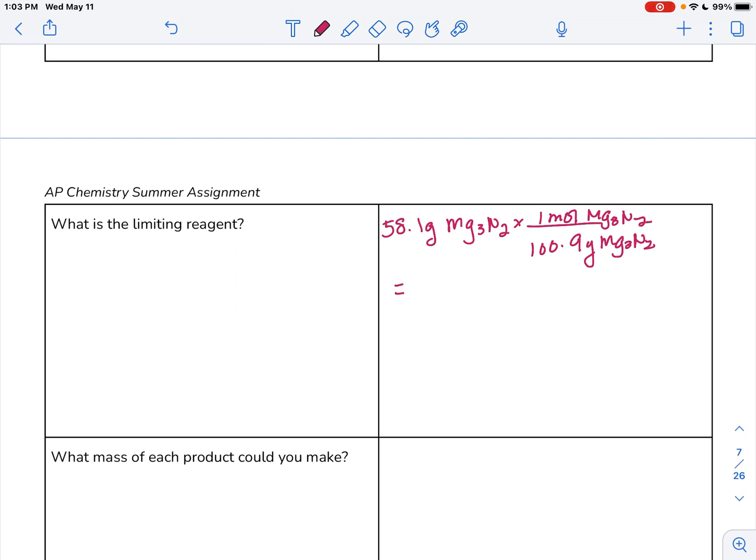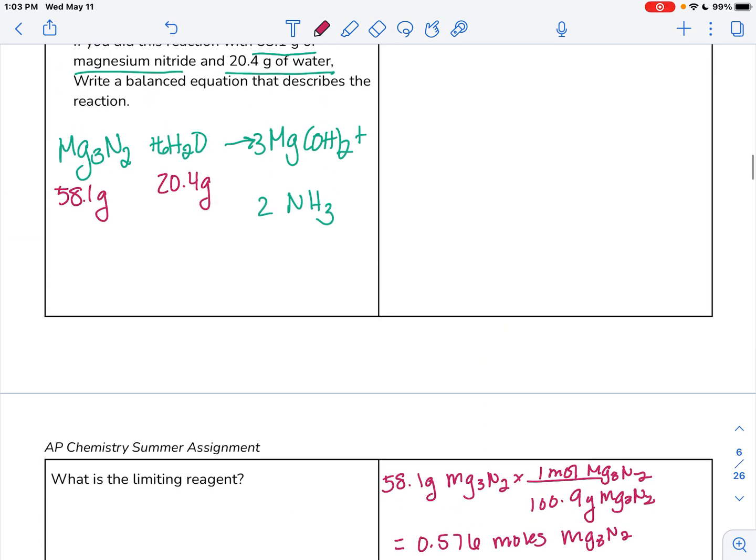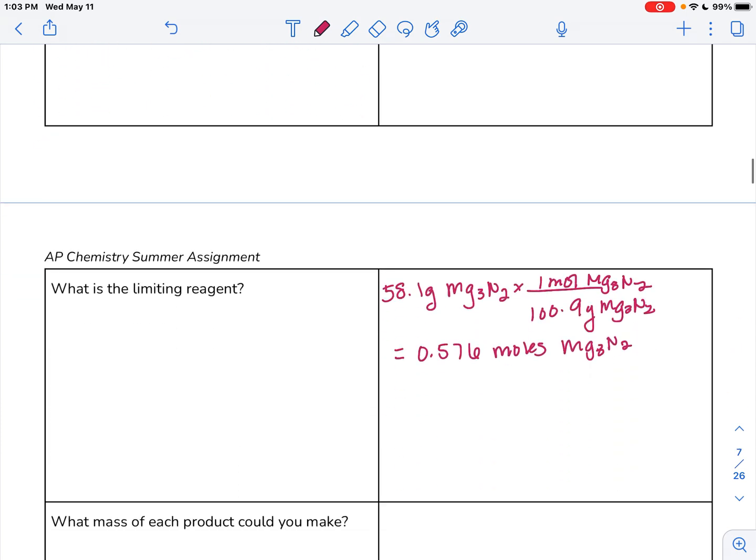And that gives you this for moles of Mg3N2. What we're going to do then is divide by the coefficient in our balanced equation. So if you go up to the balanced equation that we did, the coefficient for Mg3N2 is 1. So for this one, we just divide by 1. And so that's going to give us this, obviously.